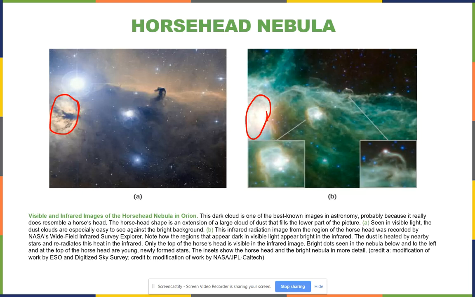So it's warm, giving off a lot of infrared, but it's thick enough that it's not allowing visible light through from whatever's behind it. So you can learn different things by looking at the same region in different wavelength ranges. And clearly where that horse head is, you have a lot of different detail looking at the two different pictures.